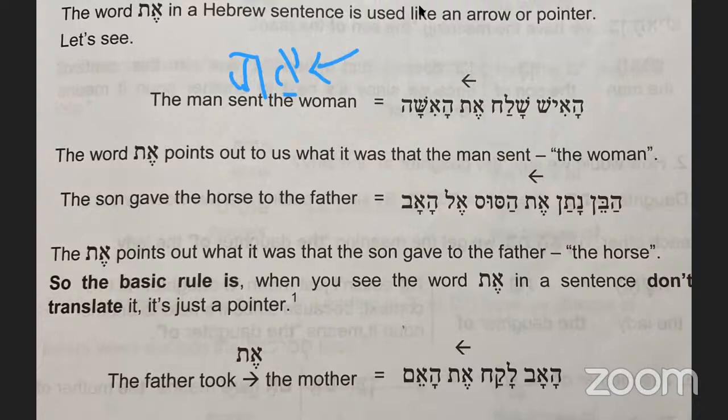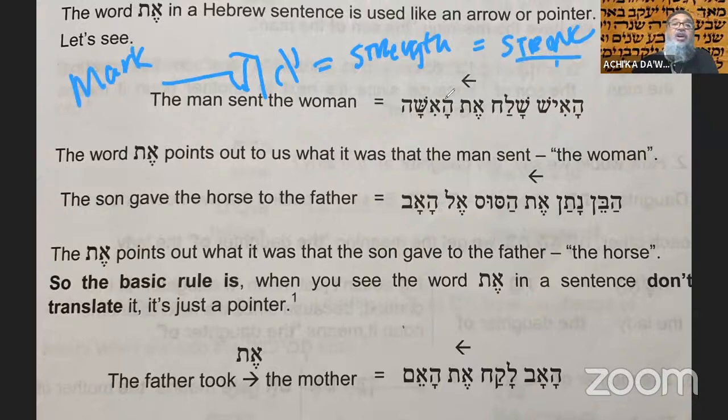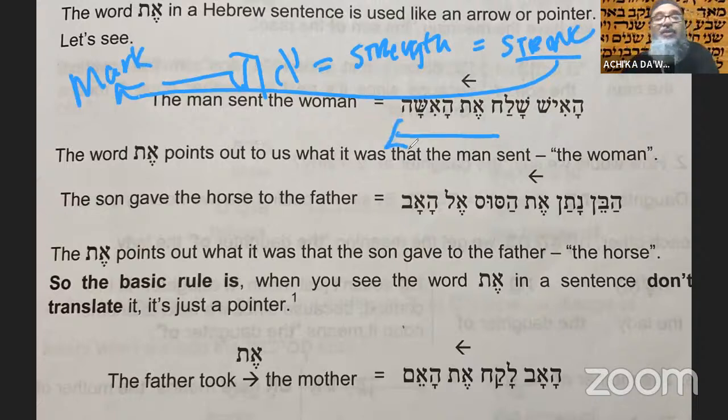It's strength, or it could be the strength or strong because of the ox, right? And then the tav means a mark. So when you put those together, you have the strong mark. And the strong mark is an arrow pointing directly to where you want to go. That's the only reason why they're using it.